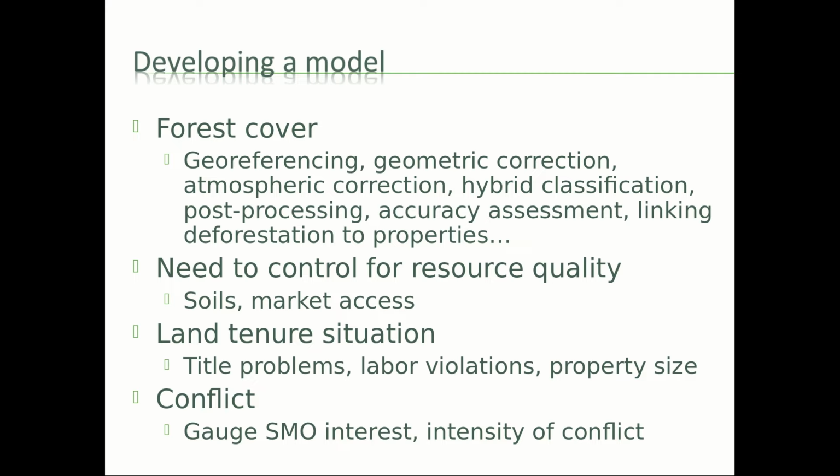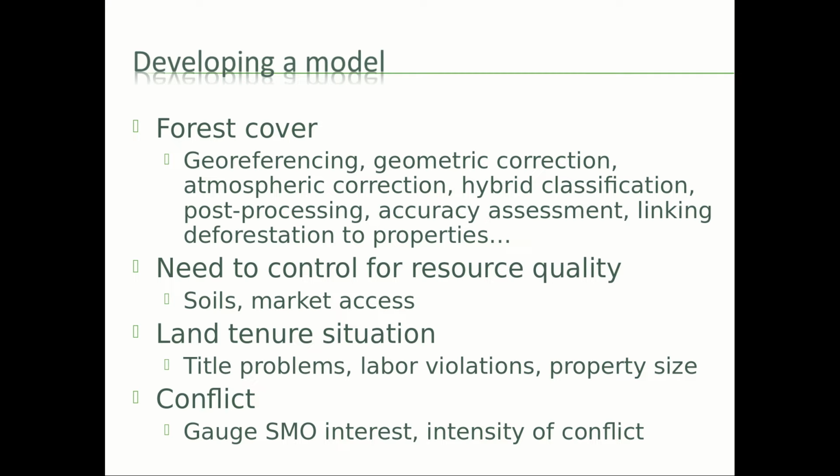But you also need other data, things to control for the quality of the resource base, because perhaps all this deforestation is economic rather than related to conflict. You also need to know about the land tenure situation, who owns it, whether there's problems there, the size of properties could be an issue, title problems, whether a person actually doesn't have legal title, whether they've been violating labor law, which is a big problem, wage slavery, or just failure to pay workers is a big issue in this area.